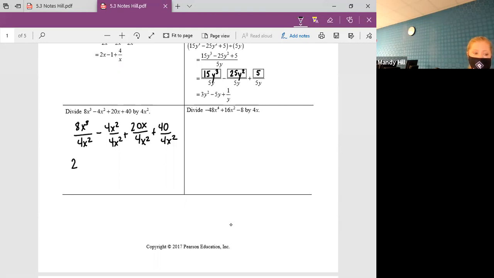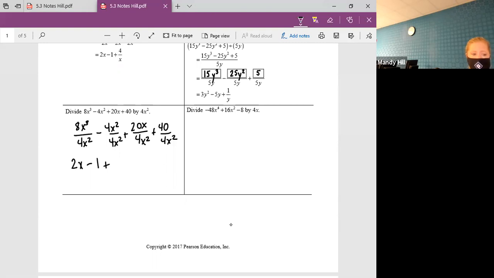So if I have x to the third and I take away 2 of them, I just have x to the first. And usually they don't put the 1 there, right? But 2 of those x's took away 2 of those. These 2 are the exact same term. So 4x squared minus 4x squared, all of that cancels out. That would just be a 1. Right? 4 divided by 4 is 1. X squared over x squared, those cancel out. So that just turns into 1.